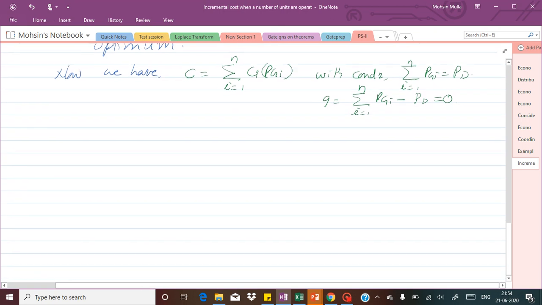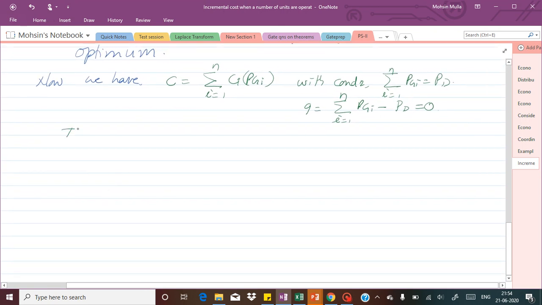Now we have to use this condition also in the optimal equation. So let us write the new function in terms of the Lagrangian function. I'll not write the functional form L of, so directly you can understand this is a function of the variables available in the given function. So let us write the expression here.